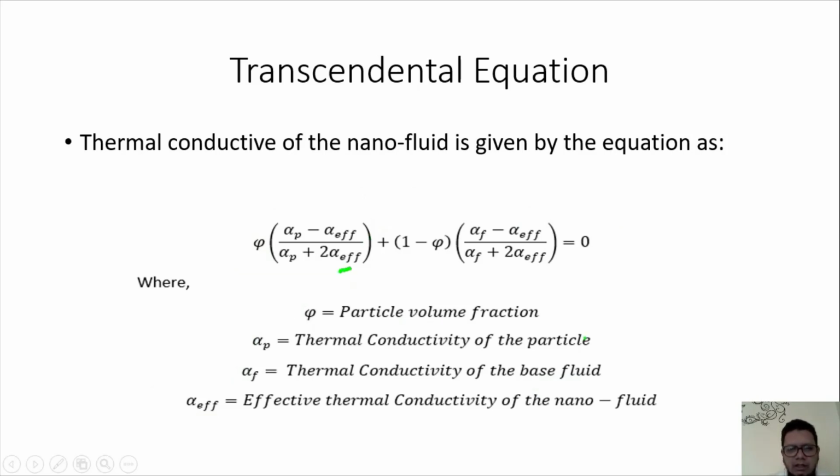For an example, let's take the particle volume fraction to be 0.33. Let's take copper particles, which have a thermal conductivity of around 110 watt per meter Kelvin, and let's take water as the base fluid.